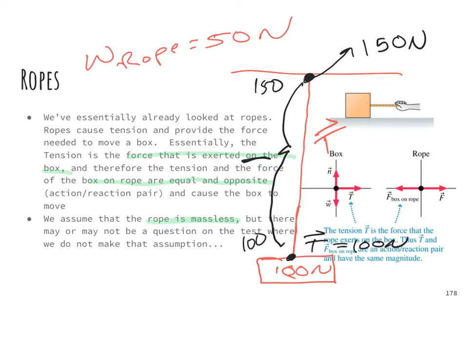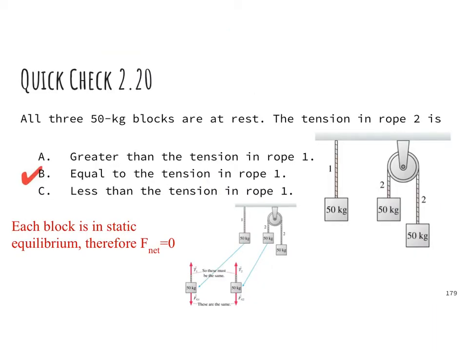So right here in the middle, it's supporting half the rope, so it's 125 newtons. Anyway, that's a free test question for those of you who watch the videos. You're welcome. But it's just saying that normally in physics, we assume that a rope is massless, but I give you one test question where you have to think about what happens when it's not.